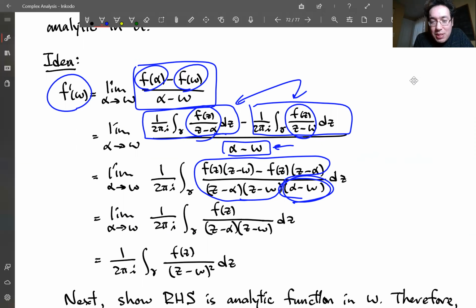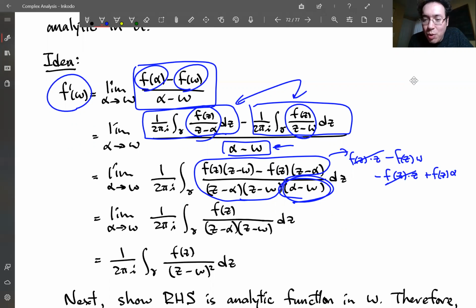And f of z times w does not cancel out. Sorry, I have to write everything out. So f of z times z minus f of z times w minus f of z times z, these cancel out, and plus f of z times alpha.